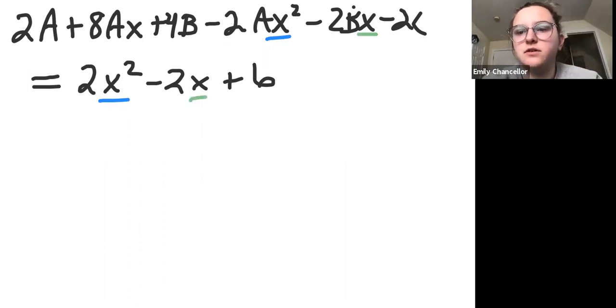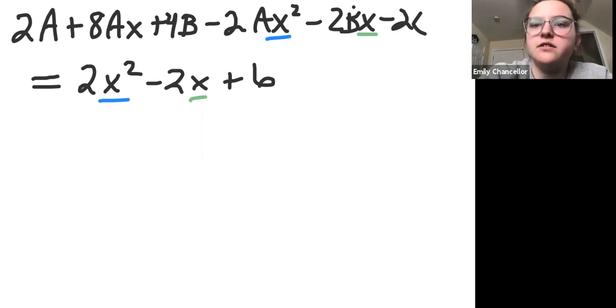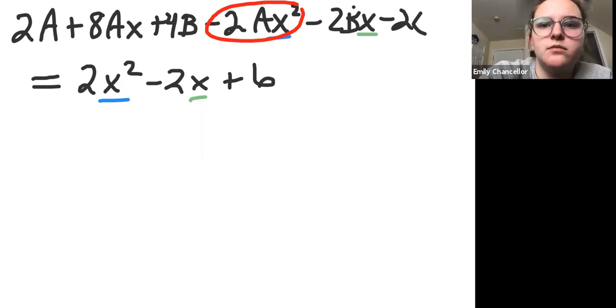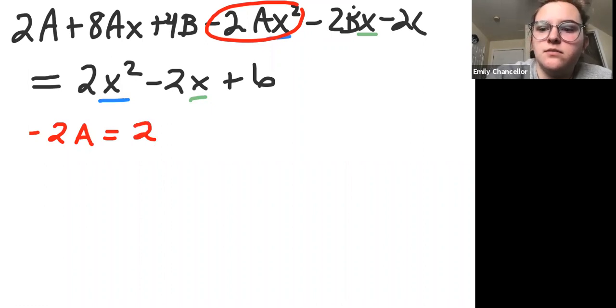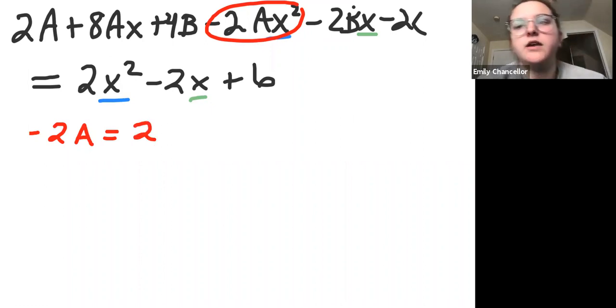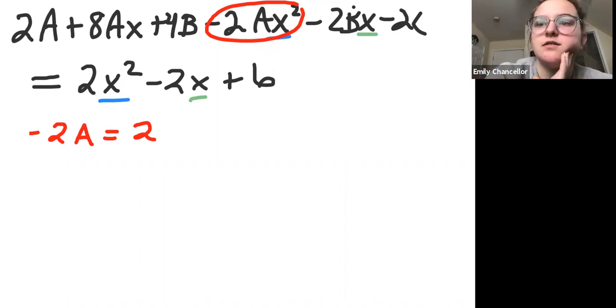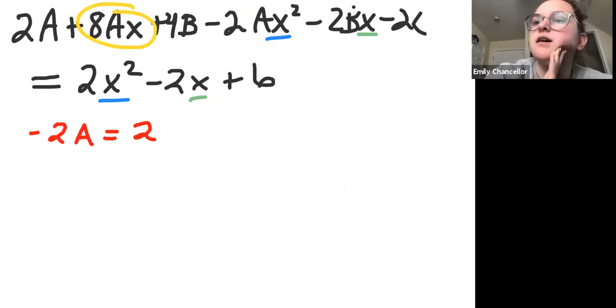So let's do our x squareds first. On the left side, we only have this term, so -2a equals 2. Now let's do all the regular x's. We have this term with an x in it, this term with an x in it, and this term.